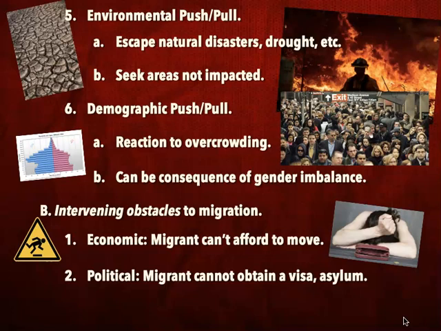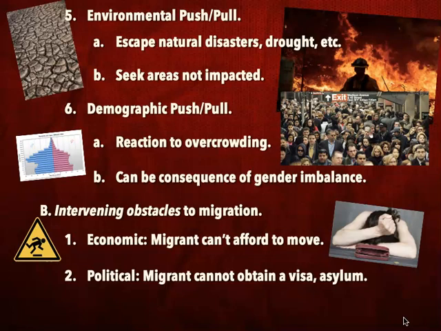There are judges who hear their cases, and some of them say, things aren't that bad at home, and we have enough immigrants right now in our country to take care of our job shortages, things like that. And so a lot of people who want to immigrate into the United States are denied that permission. Their visas, their requests for asylum, are turned down.